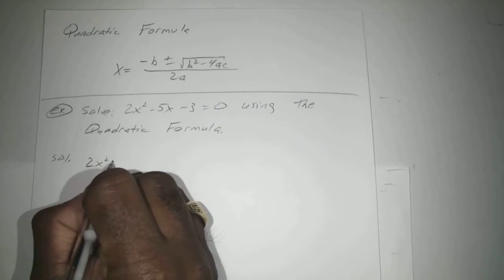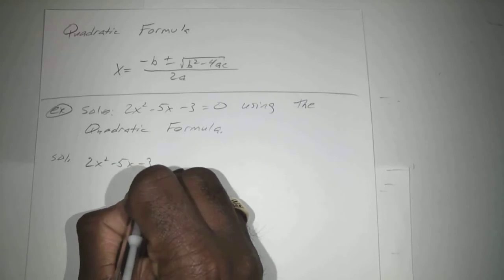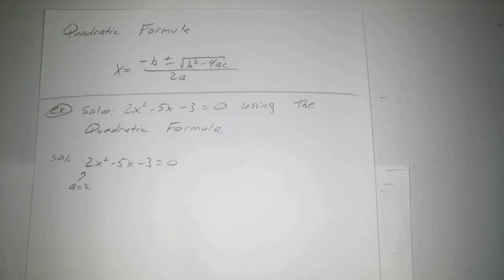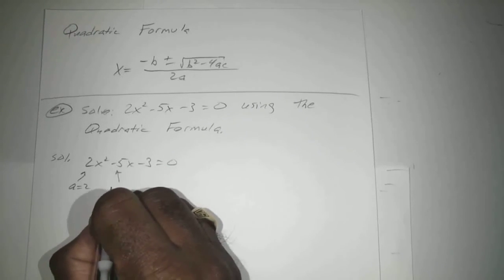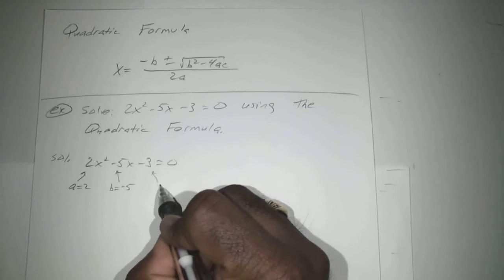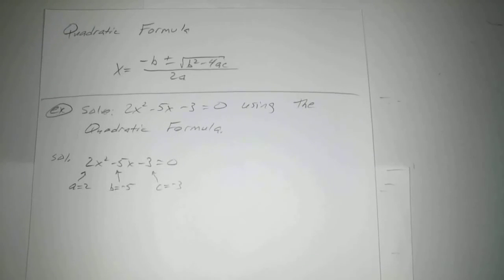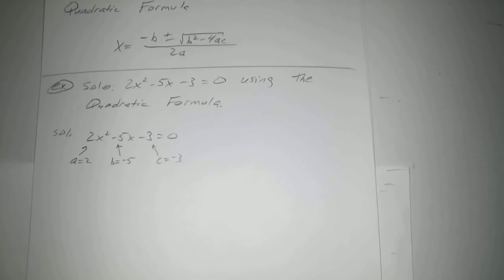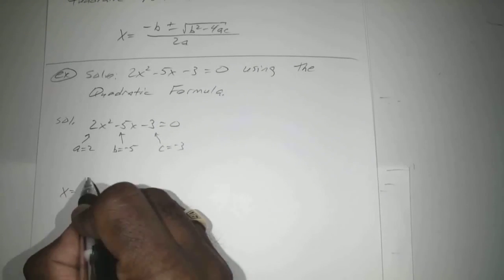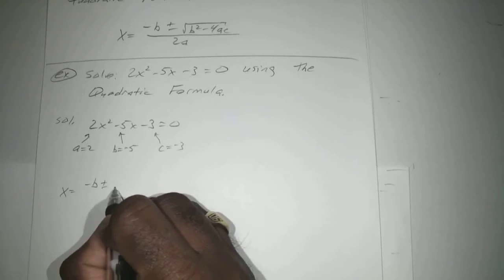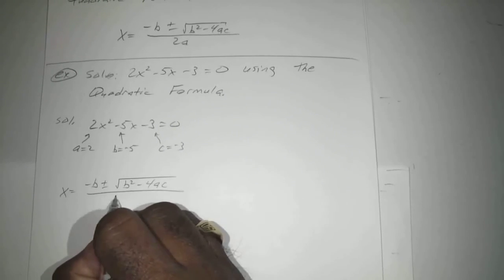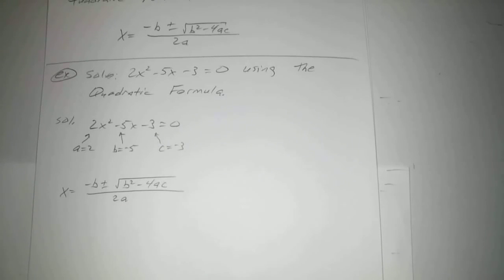So for 2x squared minus 5x minus 3 equals 0, your a is equal to 2, your b is equal to negative 5, and your c is equal to negative 3. Okay. And then we just go ahead and plug it in. x is equal to negative b plus or minus the square root of b squared minus 4ac all over 2a.